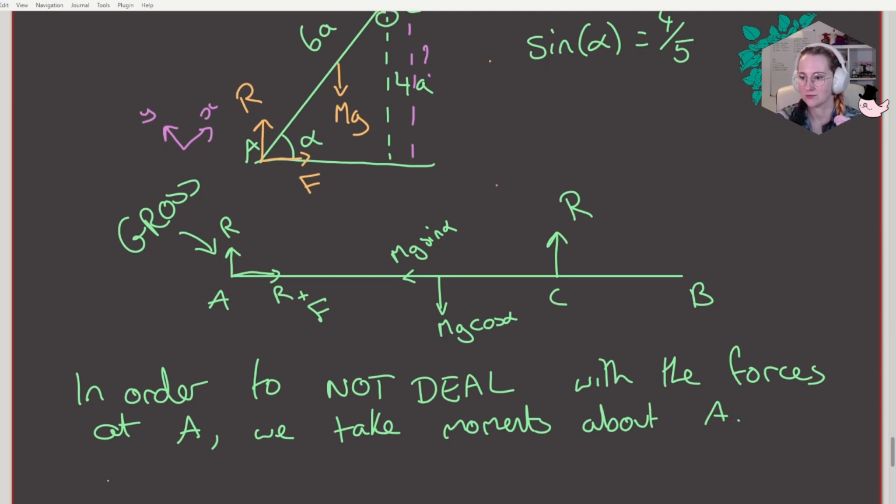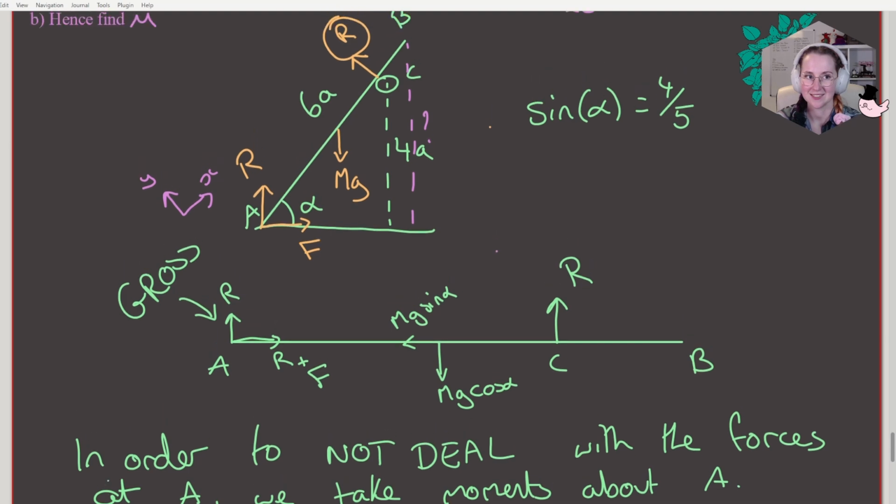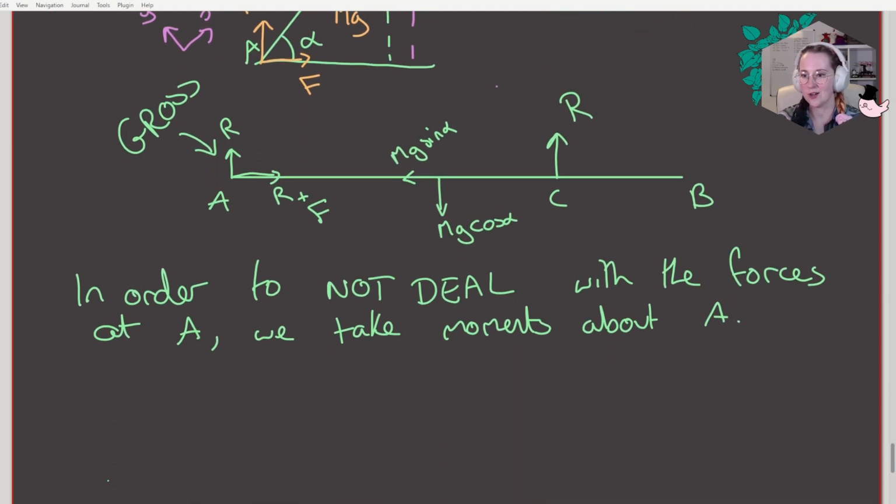So, things we don't know. We know that the length AB is 6a.